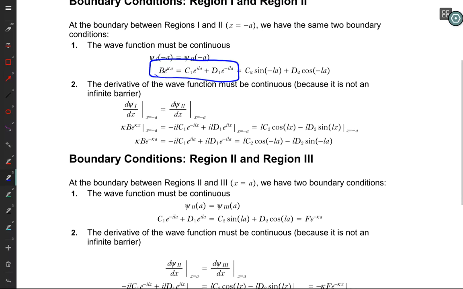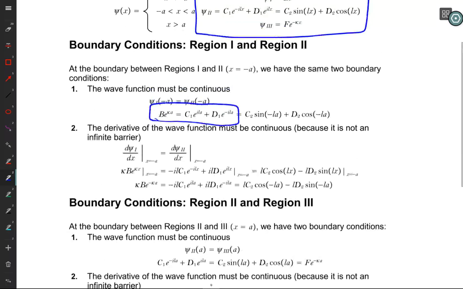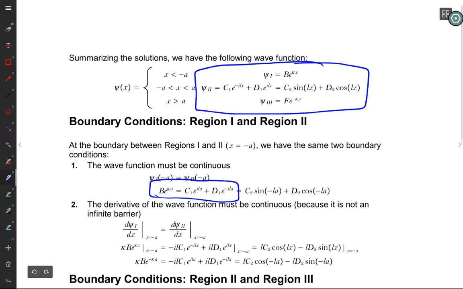And then we have our derivative has to be continuous. So I take the derivative of psi1 and the derivative of psi2. The derivative of psi1 is kappa B e to the kappa X. The derivative of psi2 is minus iLC1 e to the minus iLX plus iLD1 e to the iLX.